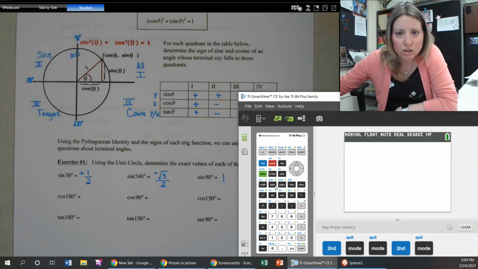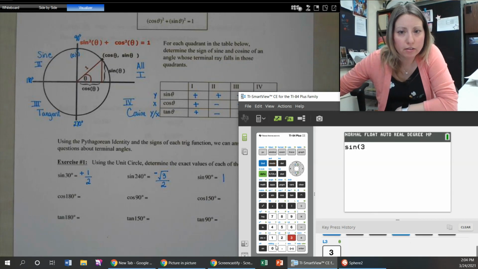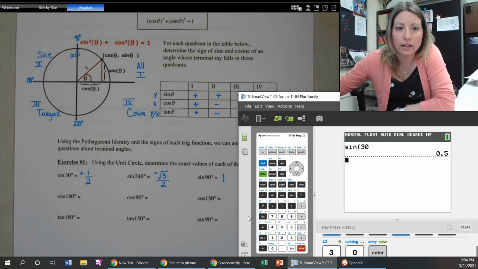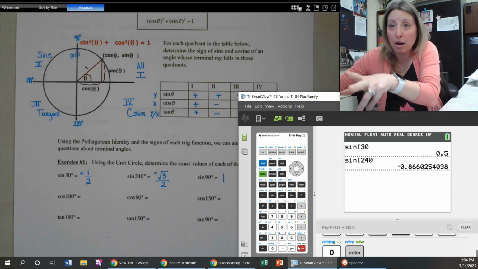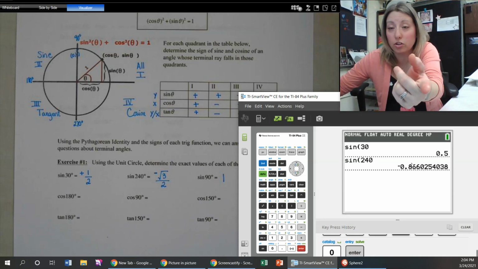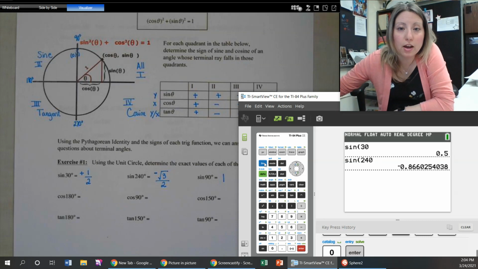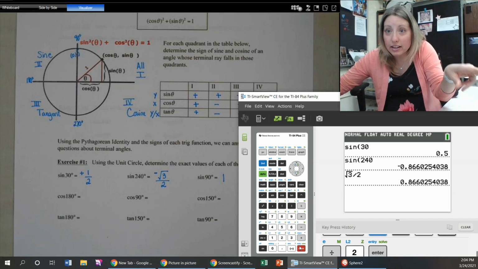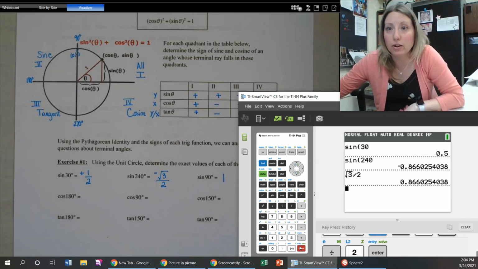So let's type in sine of 30. 0.5, 1/2. Let's type in sine of 240. Okay, reminder, it is negative, so that's a good start, right? But reminder that radical 3 over 2 is 0.866, right? So negative 0.866, negative radical 3 over 2.